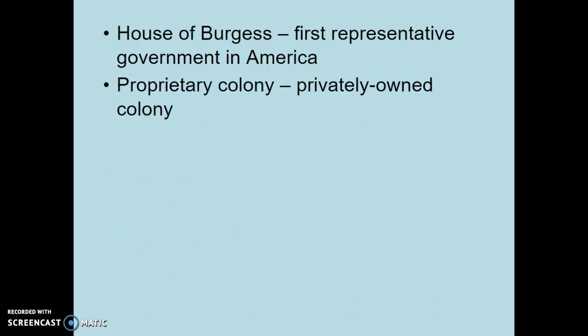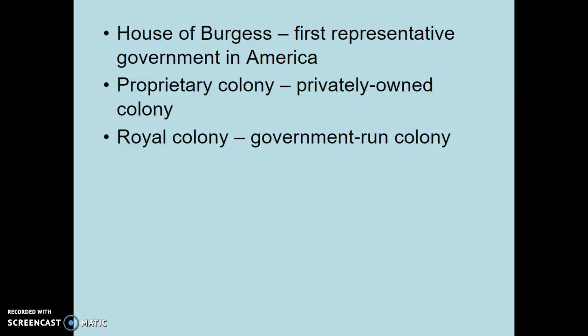But we already talked about proprietary colonies versus royal colonies. A proprietary colony is privately owned. That would be like Virginia originally. The Virginia Company owned Virginia. The United States was started as a company. It wasn't started as like, yay, democracy or anything like that. It was designed and started to make money. That was it, period. And North Carolina was the same way. It was set up as a proprietary colony.